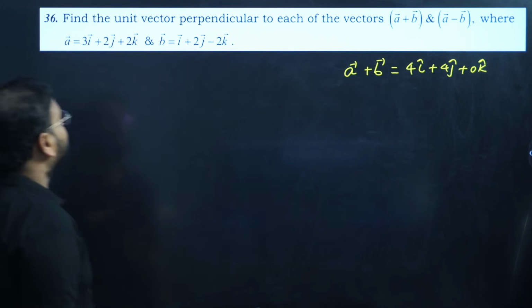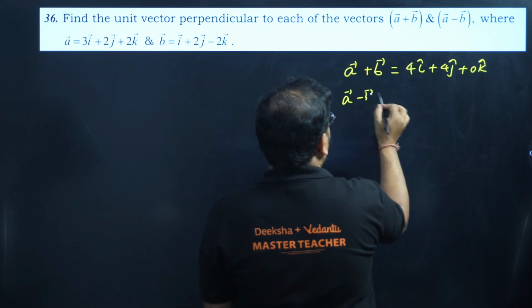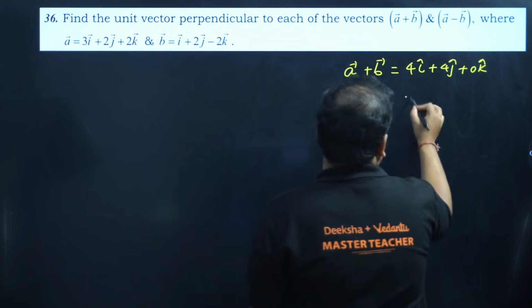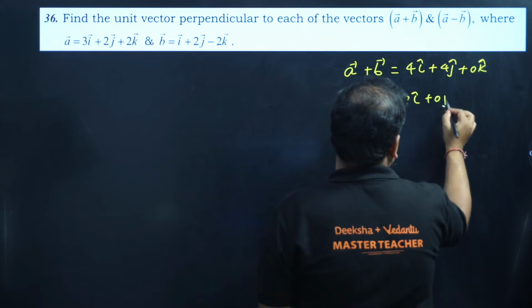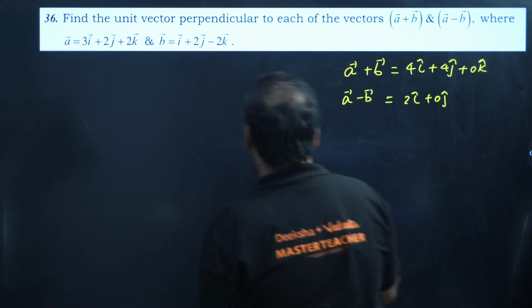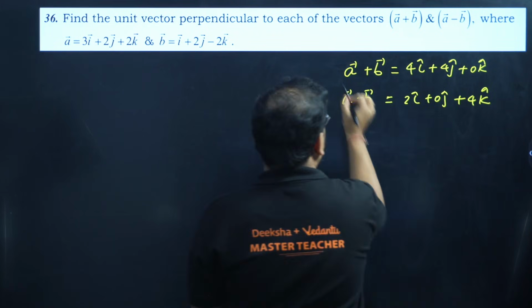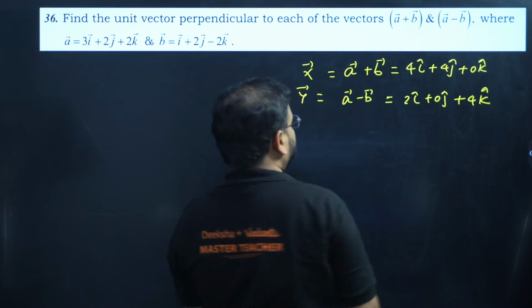Check. Yeah. Now let's look for the difference. In this case you have 3 minus 1 as 2i cap, 2 minus 2 as 0 j cap, and 2k minus 2k will become 4k cap, right?